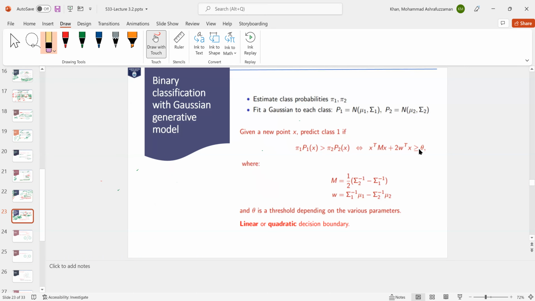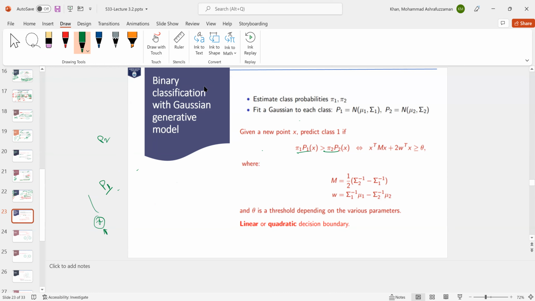So I'll discuss again a little bit more. Here we are thinking that we have two different classes only, for the binary case. We are assuming that we have a probability distribution for class 1 and another probability distribution for class 2. Now, if we get a new data point X, we want to classify it.